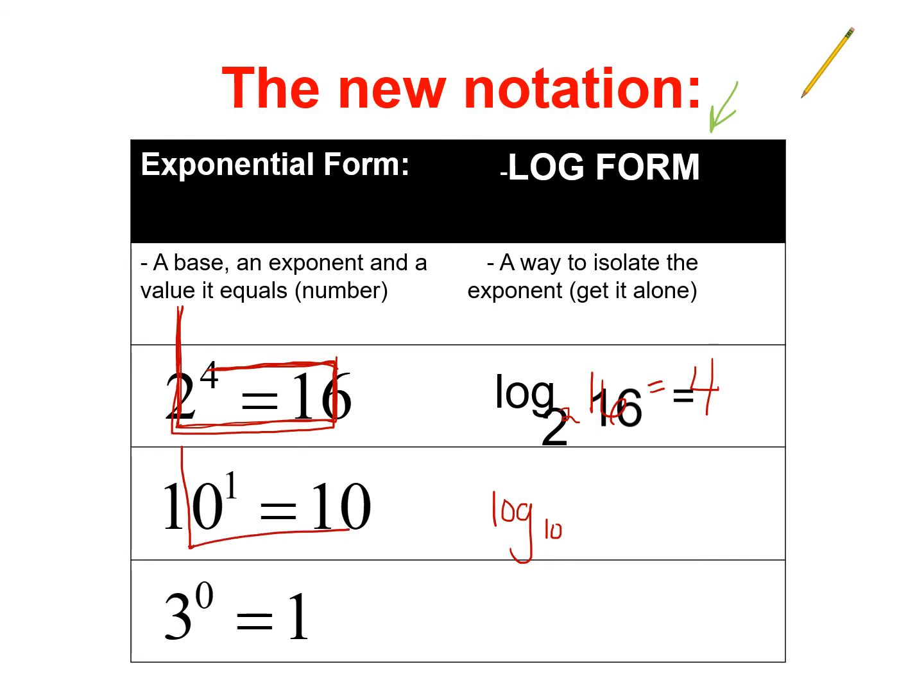We go over to the 10, so then it's going to be of 10 equals, come back over to our 1. Okay, and I might be going a little bit fast, but again, the reason I know I can do this is because this is the trick we use to memorize how to change it. I'm asking what exponent on 10 equals 10?